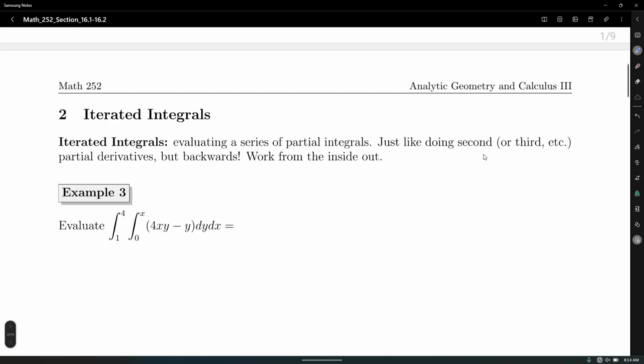In just the same way we did partial derivatives, when we took the partial with respect to x, then with respect to y, and then with respect to z, or maybe 3 times with respect to x, maybe 3 times with respect to y, well, it works the same with integrals. We can do it in the order that we want, as long as it is an integral that we can evaluate.